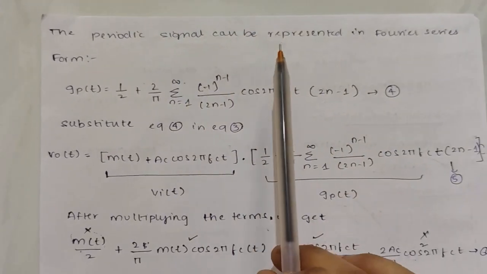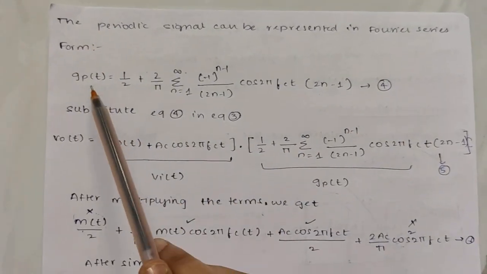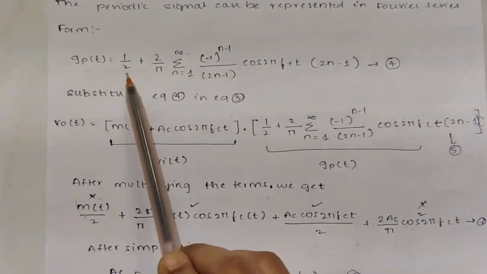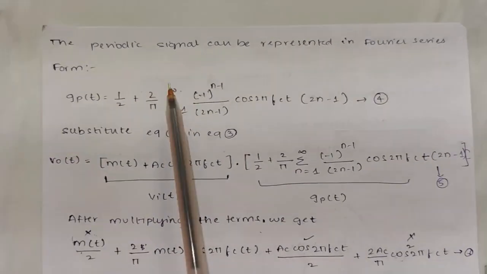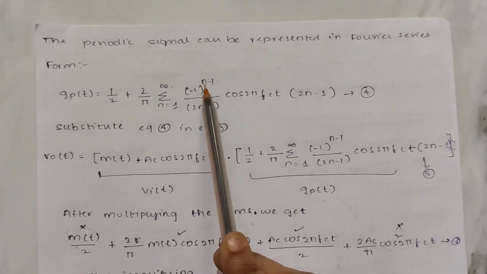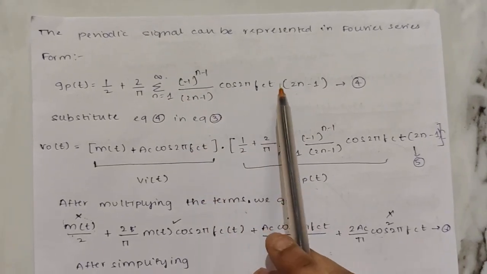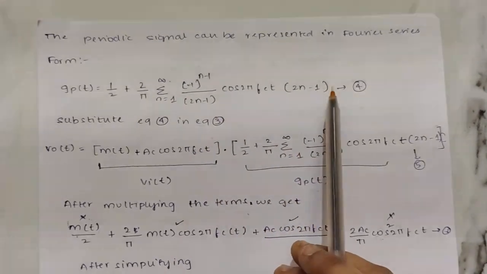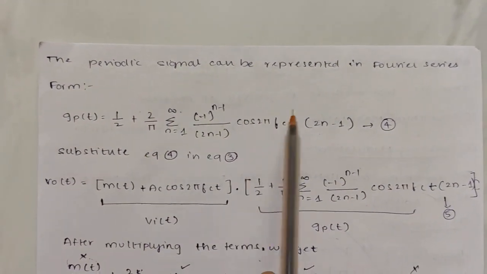So the gate periodic signal can be represented in the Fourier series form, that is Gp of t equal to 1 by 2 plus 2 by pi sigma n equals 1 to infinity of minus 1 to the power n minus 1 by 2n minus 1 cos 2 pi fct into 2n minus 1.